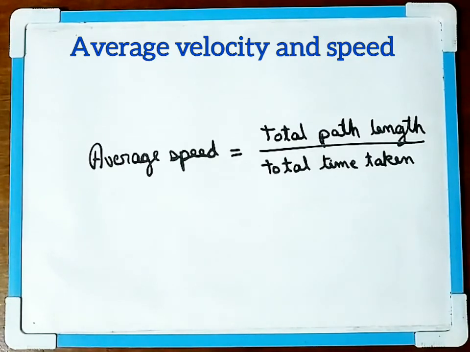So if the object is moving in the same direction and the magnitude of displacement is equal to the total path length, then the average velocity will be equal to the average speed.